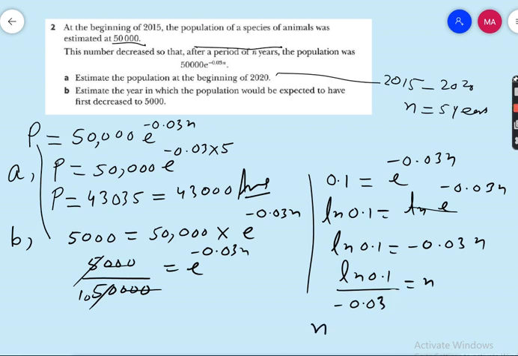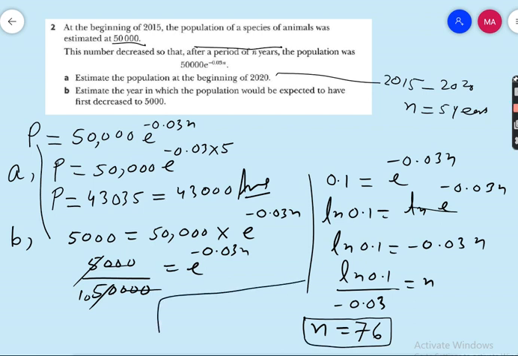Now with the help of a calculator, find the value. Our answer is 76.75 something, so I am rounding off to 76.